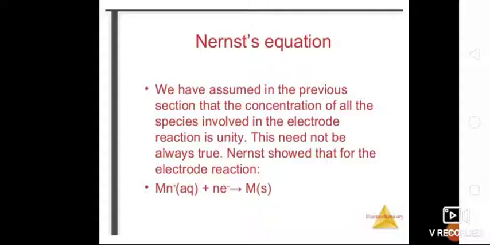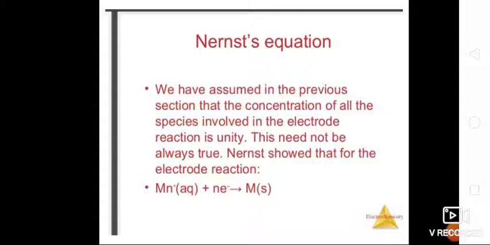The electrode reaction is given by Mn+ (aqueous) + ne- = M (solid). Here Mn+ means the aqueous form of the metal, and n is the number of electrons transferred.